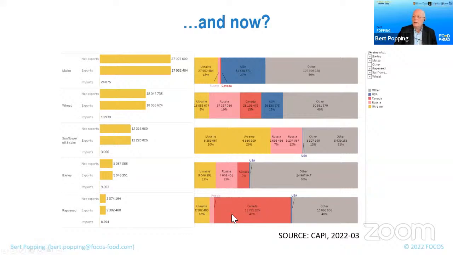So here they can help to limit the impact of the shortages of sunflower oil, because canola oil or rapeseed oil can replace, in some cases, the sunflower oil. Now, when we're looking at the wheat, where Ukraine and Russia are major producers, you can see that Canada and US do play a major role, but it's still limited.